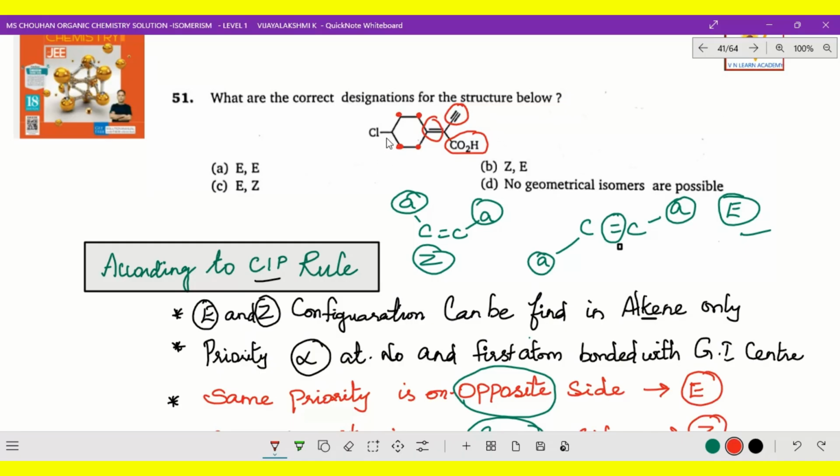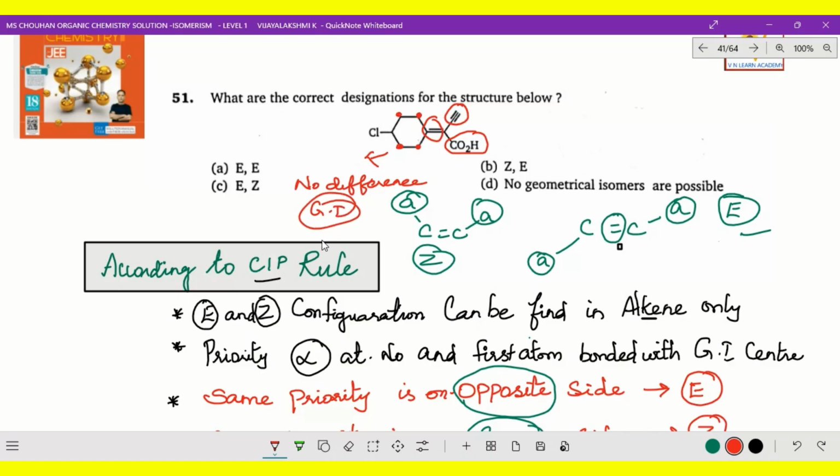There is no higher or lower, both are in the same category. So there is no difference on the left side. That means we cannot find any GI over here.